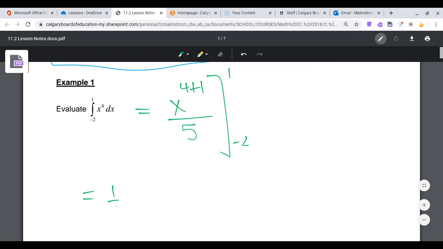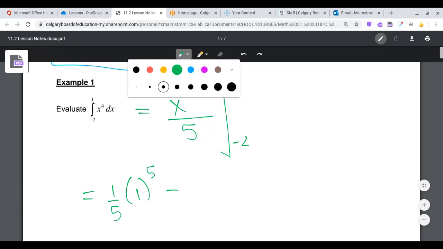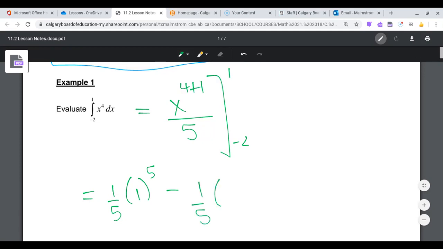So I'm going to have 1/5 multiplied by 1 to the power of 5, minus 1/5 times -2 to the power of 5. And what does this equal? So I'm going to have 1/5 minus 1/5 times -2 to the 5th, which is 32.